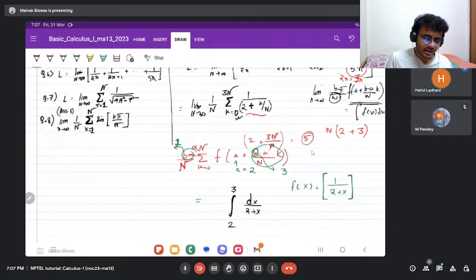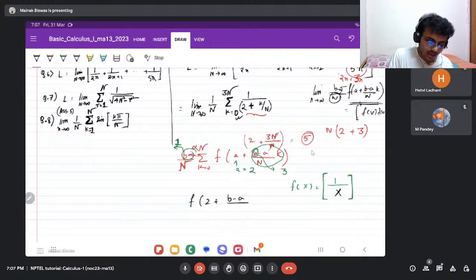Why are we integrating it from 2 to 3? Oh, now I understand. It has to be f of x. We are doing it wrong. See, f of 2 plus (b minus a) by n k has to be 1 by 2 plus k by n, right?